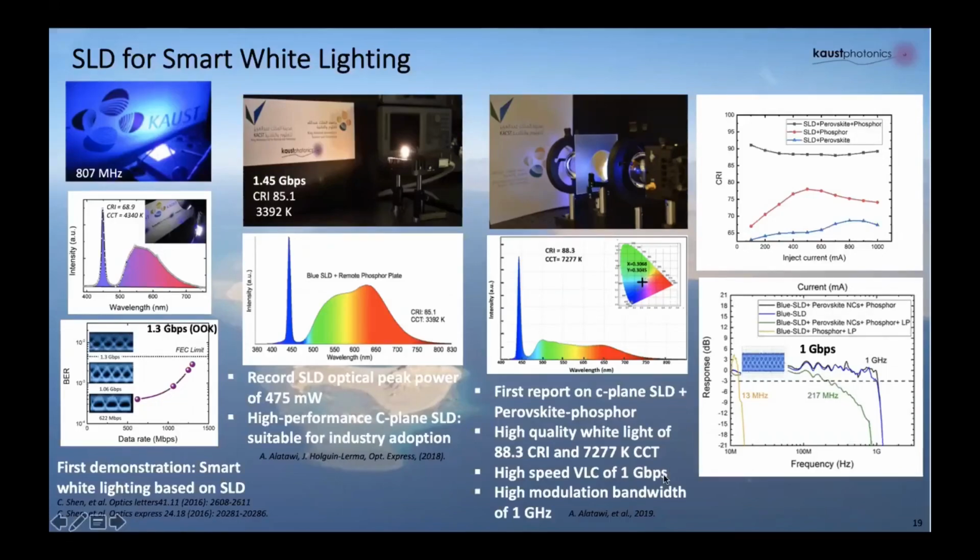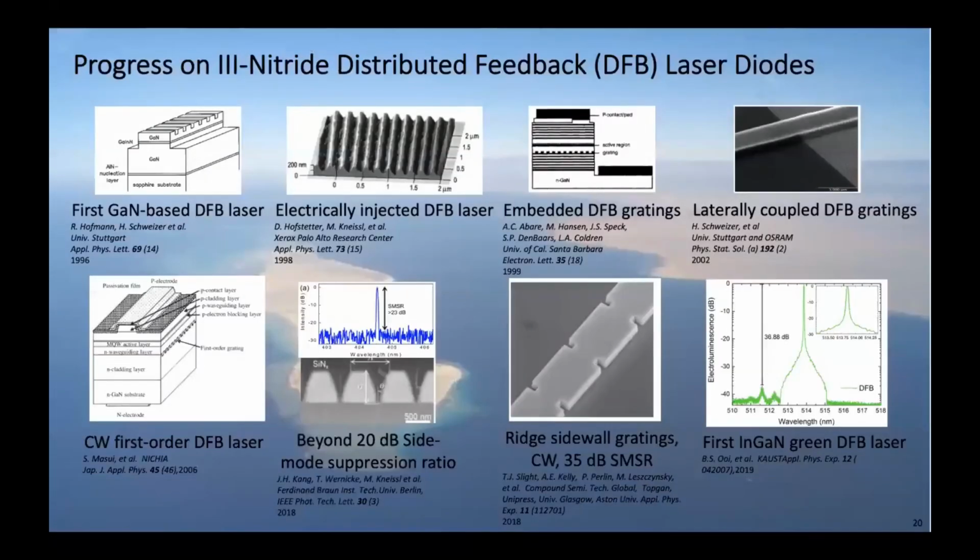And currently, we integrate perovskite nanostructures into our lighting system to get it up to about 88 CRI, and yet give a modulation speed of up to 1 gigabit per second.